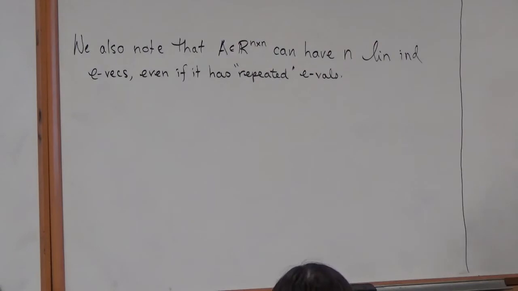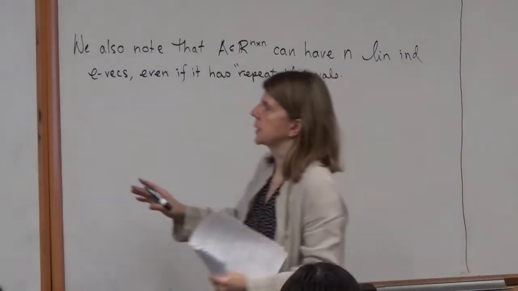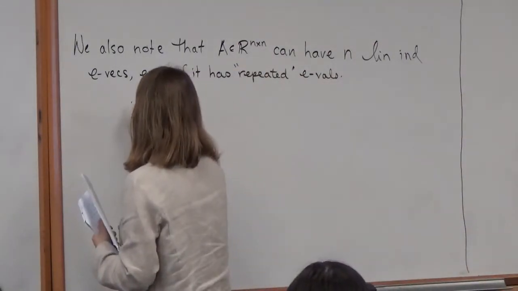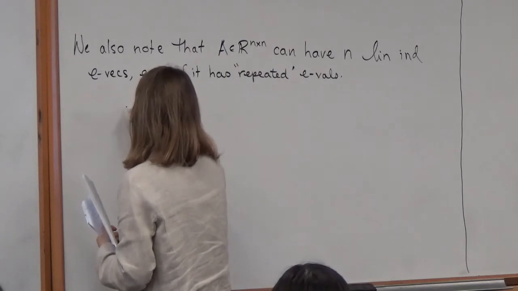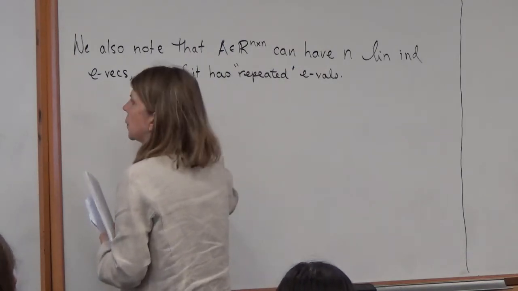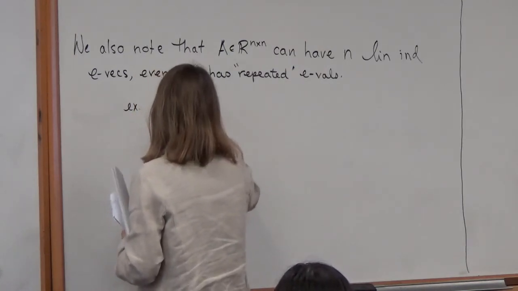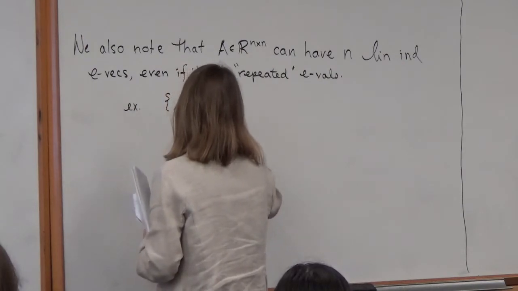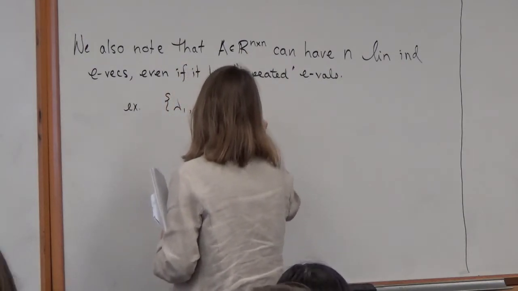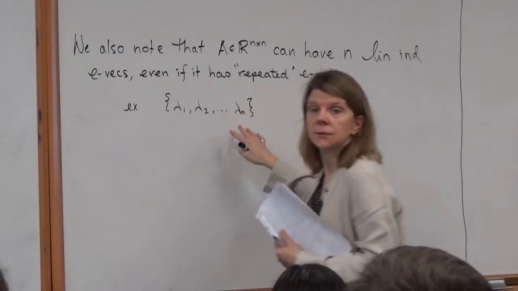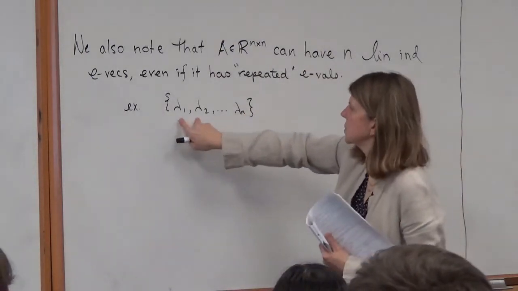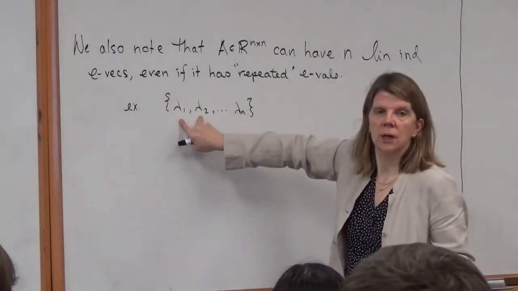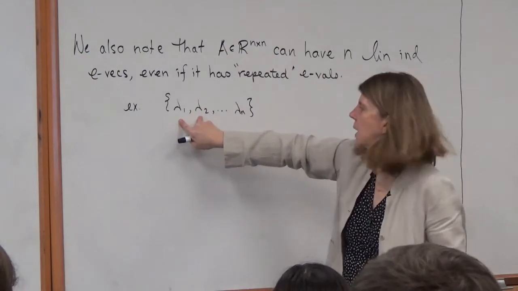And that's basically because you may have, for example, well, let's just look at an example here. Suppose you had, well, let's just keep our example that we've been using. Suppose these lambda 1, lambda 2 up to lambda n are the eigenvalues of A, and suppose lambda 1 equals lambda 2. Okay, so it has two eigenvalues at lambda.